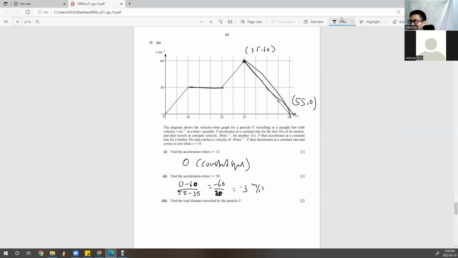Find the total distance traveled by the particle P. Find the total distance means find the area under the graph. So split. Okay, area 1 plus area 2. 1 is a triangle, right? 2 is a rectangle. 3 is a trapezoid.